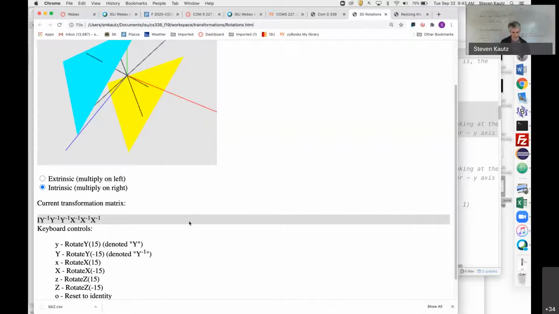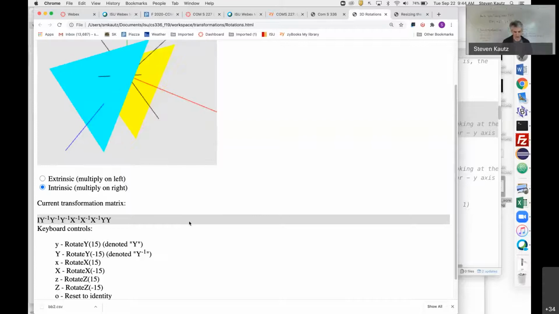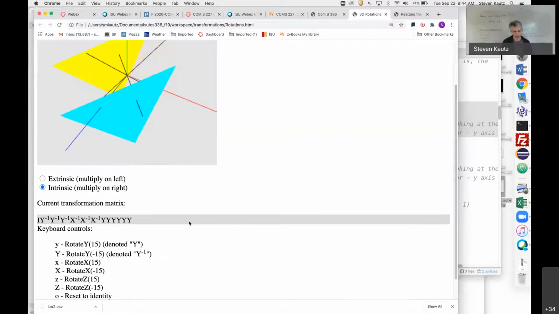And so in this clunky UI, I would press the Y key 6 times to get a 90 degree Y rotation. So let's try it. 1, 2, 3, 4, 5, 6. Notice it's rotating about the current Y axis. And it does appear that we've got the Z axis now lying in the XZ plane, in the horizontal plane.